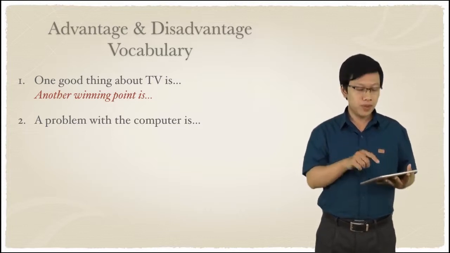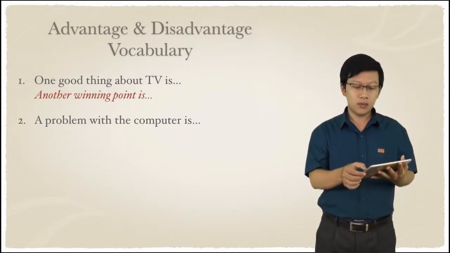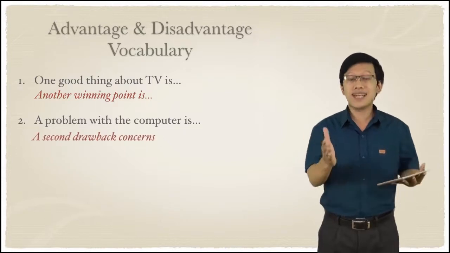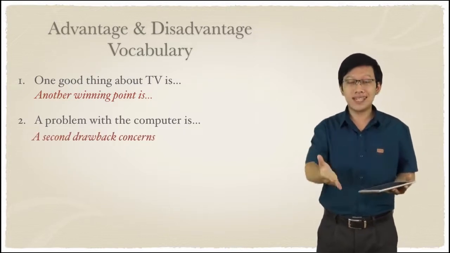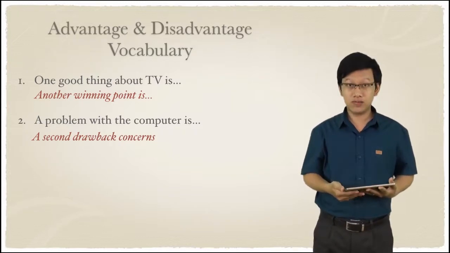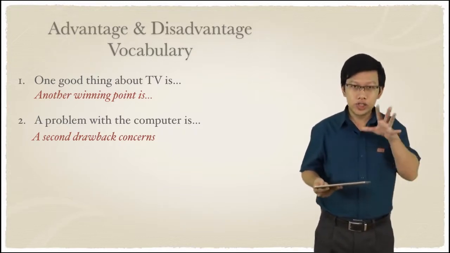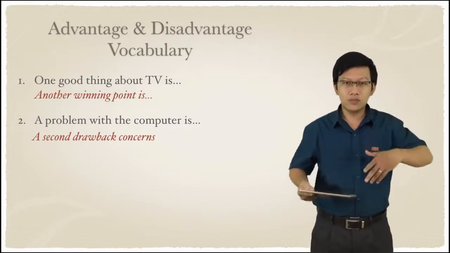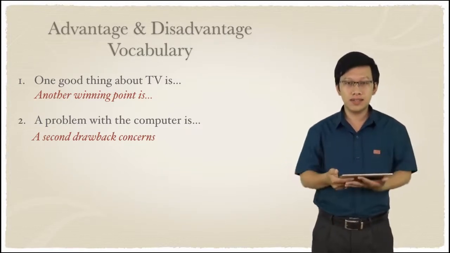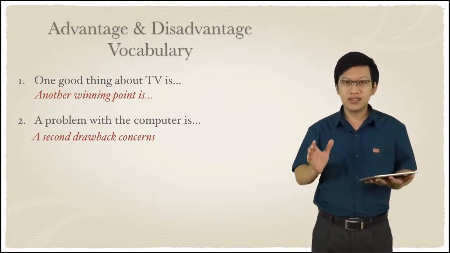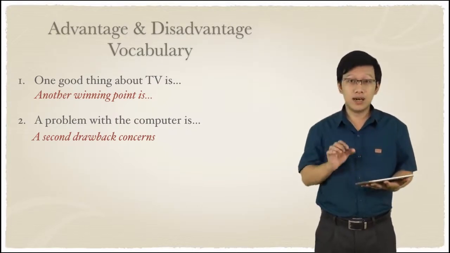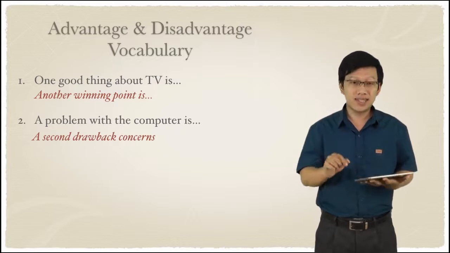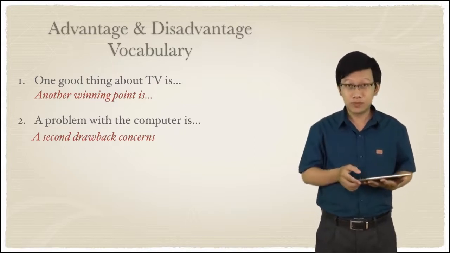A problem with the computer is, and we'll continue with, a second drawback concerns, or a second losing point concerns. Very simple. Just use a word that means the same as advantage and disadvantage in order to make your vocabulary more varied. You don't really want to repeat words and phrases. That's not advisable.